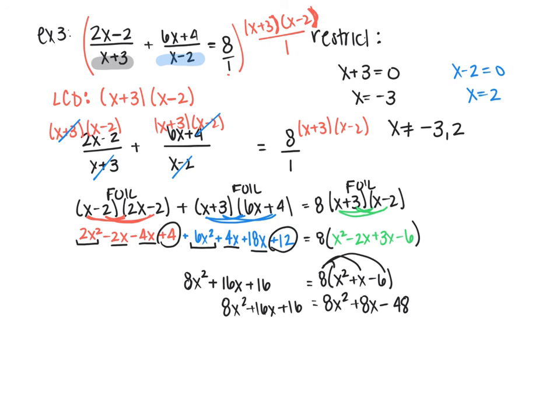So now I can start moving everything over to one side to get equal to 0. So I am going to move everything over to the left. It really doesn't matter which way you move it. So I'm going to move that over, and then minus 8x.